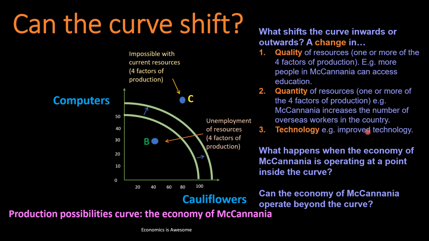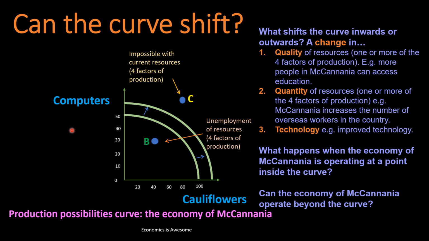Or technology, improved technology is going to shift the curve in or outwards. So for example, we get a shift inwards if, say, there were floods and large productive areas like agricultural areas were flooded, then that is going to affect both the quality and quantity of resources, but in the opposite way. So therefore, you would get a shift of the curve inwards.